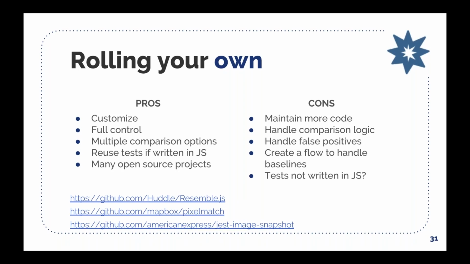This means the baselines are going to be kept in this directory, but where are we going to keep them? In Amazon S3 or in Git, or where are we going to store them? Because this is the source of truth to make the comparisons. And the biggest downside I saw was, what if the test is not written in JavaScript?